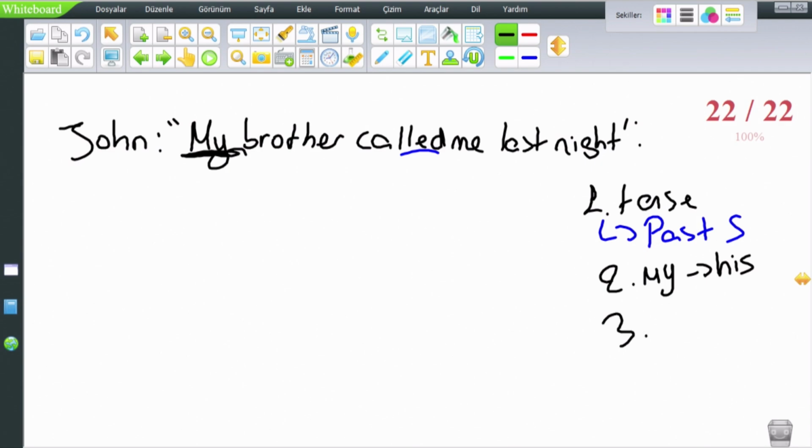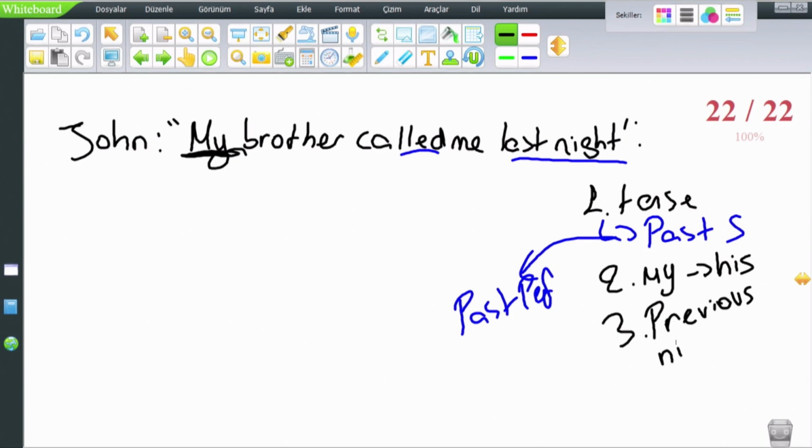And at the end of the sentence, you can see the time expression. I cannot use this time expression in my new sentence because I am going to transform past simple into past perfect. So I will say, instead of last night, I will say previous night.